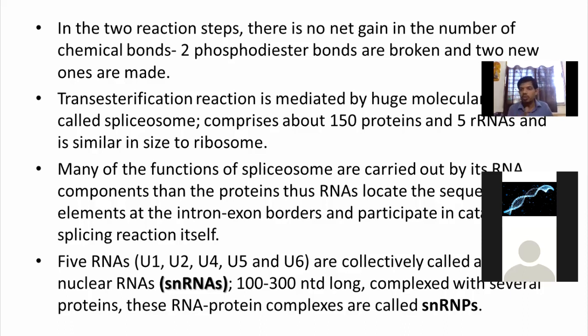This spliceosome is composed of 150 proteins and 5 RNAs. Now these RNAs are designated U1, U2, U4, U5, and U6, and collectively they are called small nuclear RNA. These RNAs are about 100 to 300 nucleotides long, and they are complexed with different proteins. At that time, we call this RNA and protein combination snRNP, meaning small nuclear RNA along with protein complexes.